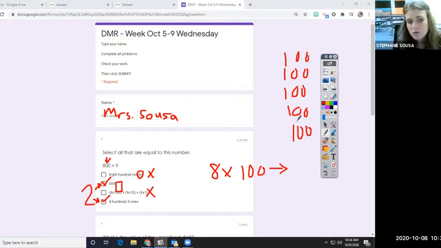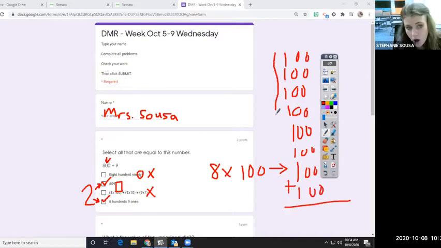So 1, 2, 3, 4, 5, 6, 7, 8. But that's a lot to write, all of this. So we use that multiplication sign to say we did it 8 times. Does that make sense or is that still confusing?